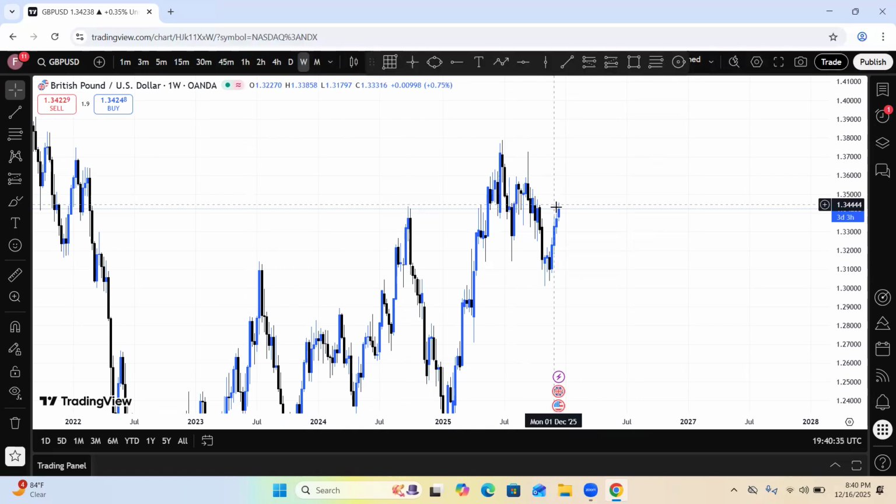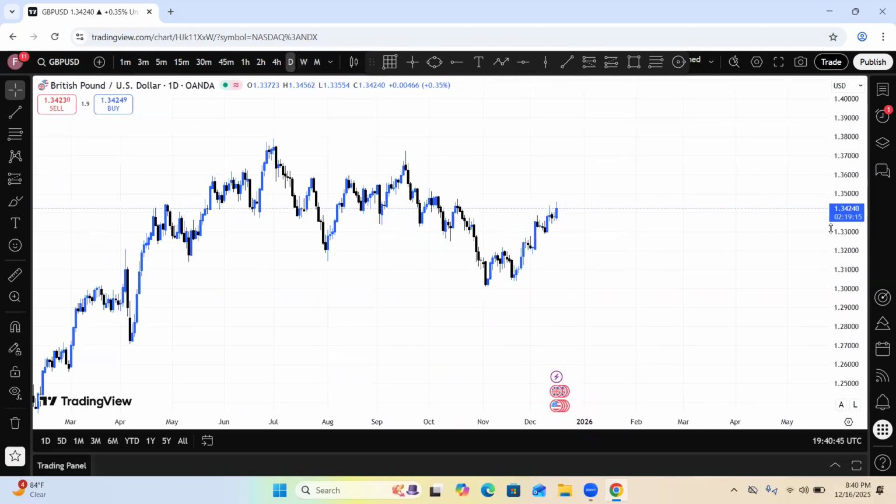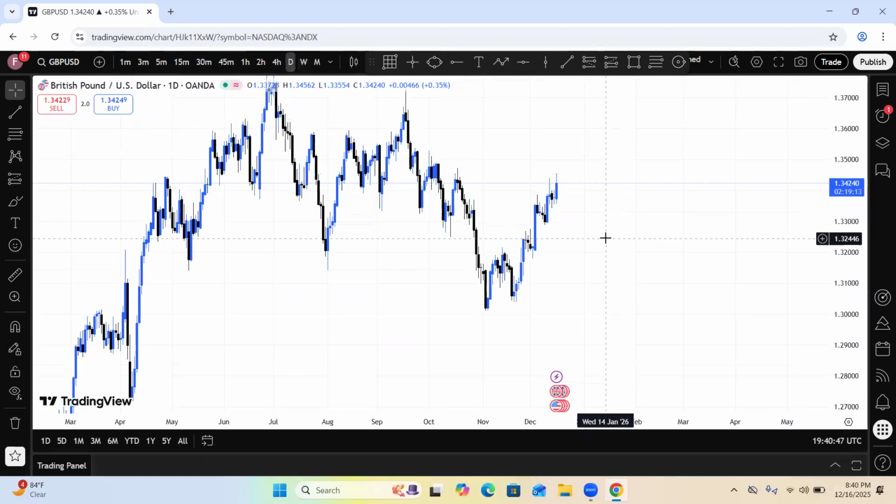It took 1 week for this candlestick to form. Do you understand me? If you go to the daily time frame, every candlestick you are seeing there took 1 day to form. Do you understand?